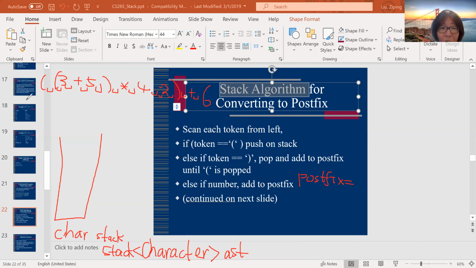So we are going to scan. You will have a left parenthesis. If it is a left parenthesis, you push it to the stack.